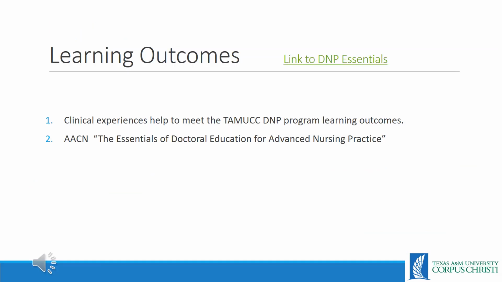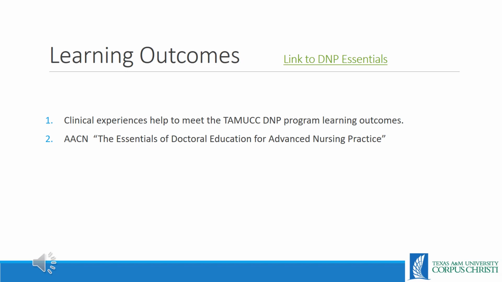The AACN DNP Essential Competencies address the competencies that are core to all advanced nursing practice roles. Your practice experiences in the DNP program are aimed at helping you to meet your program learning outcomes, which are based on these AACN essential competencies. The TAMU-CC DNP program learning outcomes are located on page 6 of the DNP handbook.